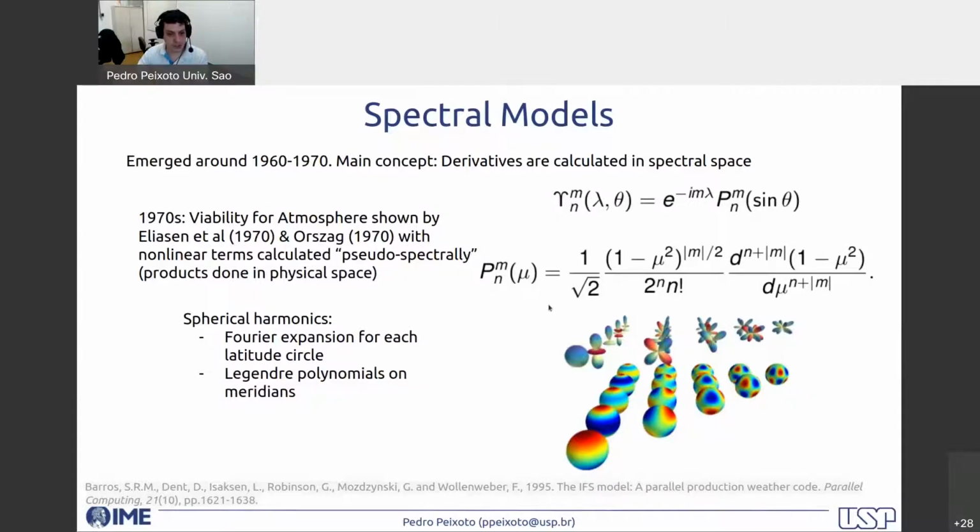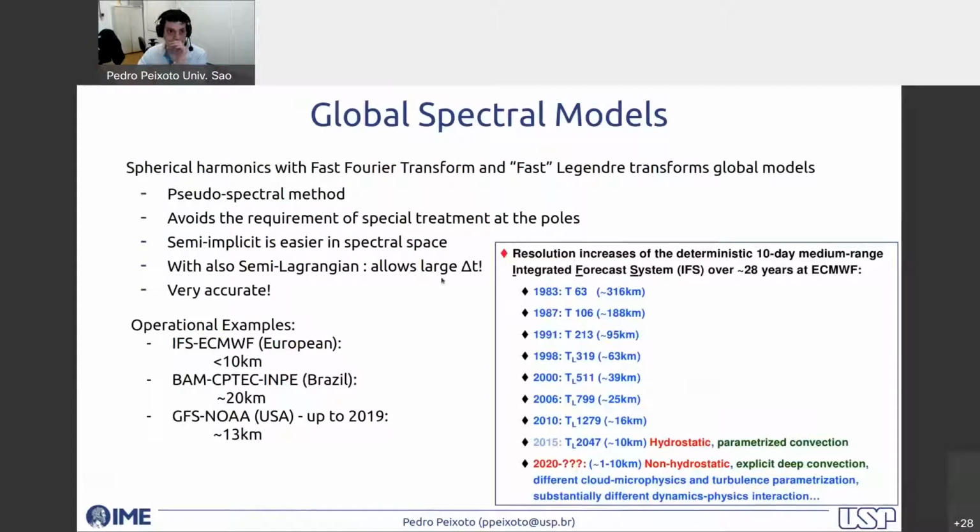This was a major revolution, and it allowed many places to go operational on large scale with state-of-the-art models. For example, the European model uses a global spectral model. The Brazilian operational center uses a global spectral model.